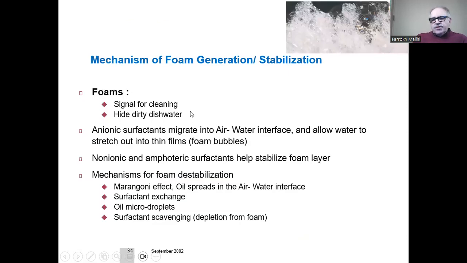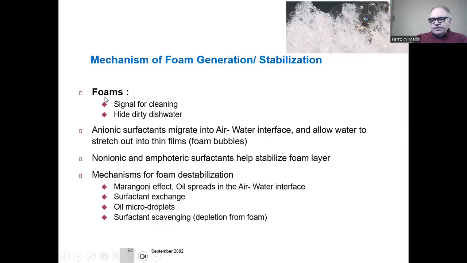In foam generation, the primary mechanism is the use of surfactants. Surfactants basically cover the interface between air and water, basically the layers of the soap bubbles, and stabilize those layers, preventing them from bursting.